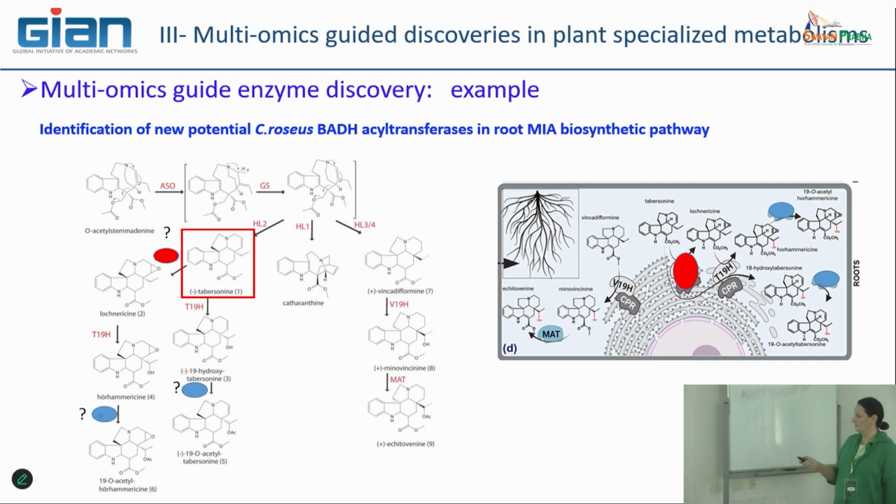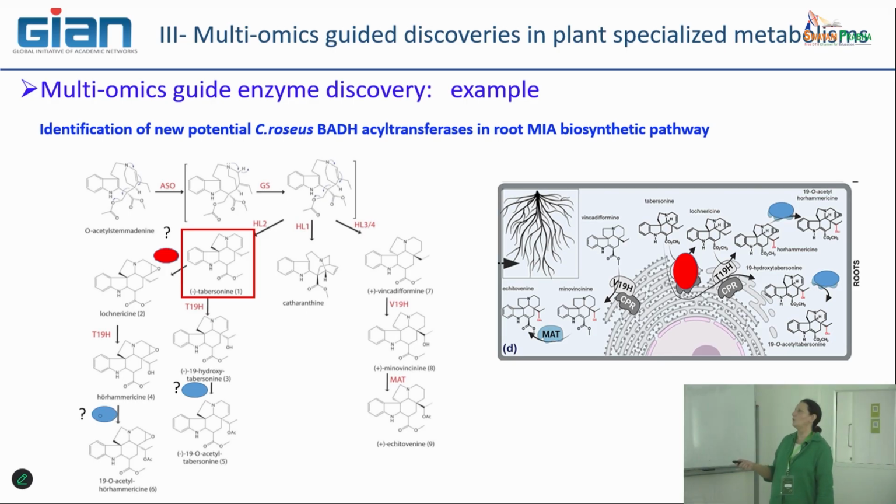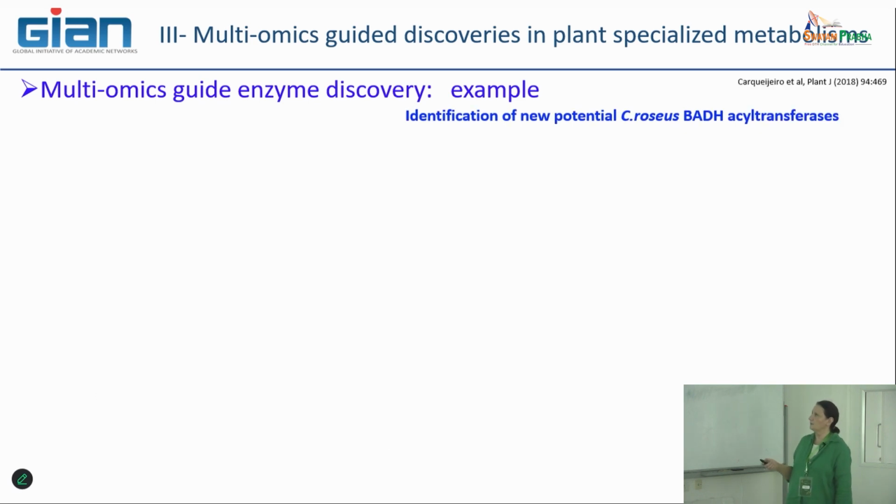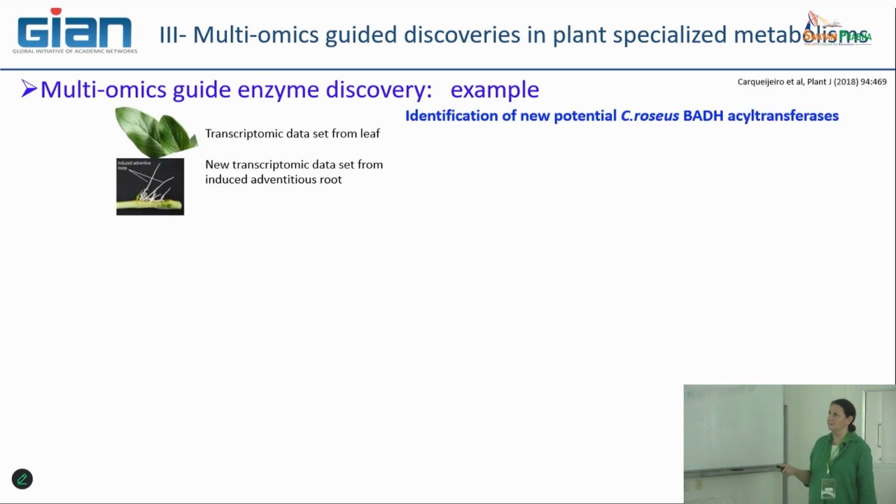What we know is that all of these enzymes are quite organized in specific branches of metabolic pathways. So how can we discover these 3 types of enzymes? Firstly, we developed transcriptomic data coming from specific leaves and specific roots.